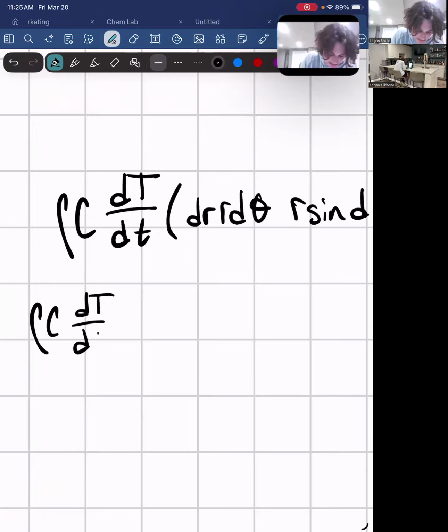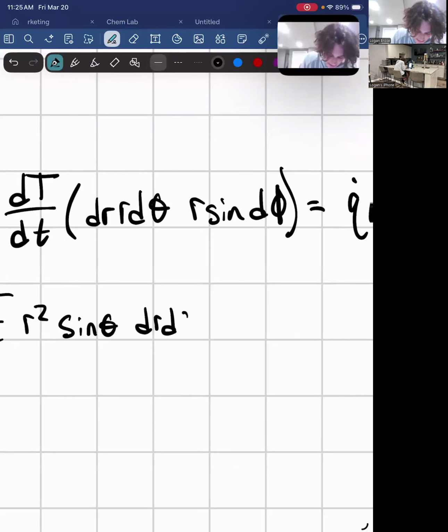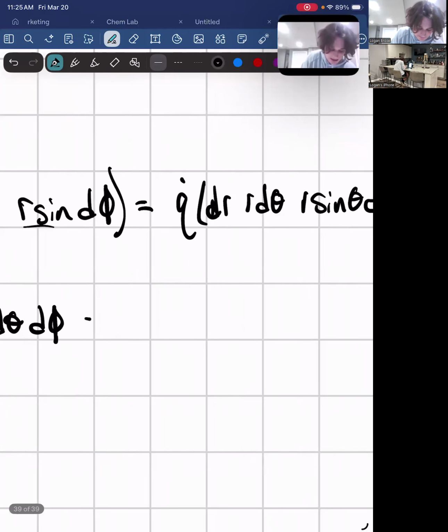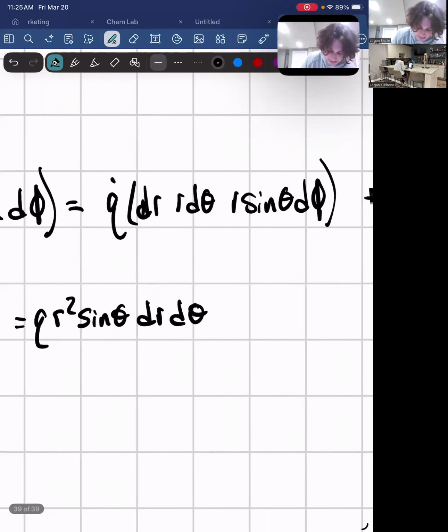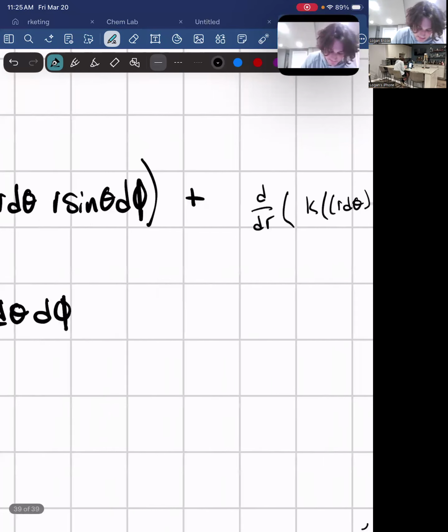So we have our rho c dT/dt, and then it's times r squared sine theta dr d theta d phi, right? R sine and then r, so that makes it r squared.